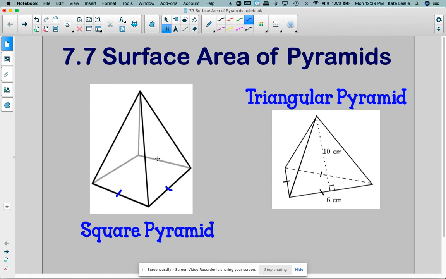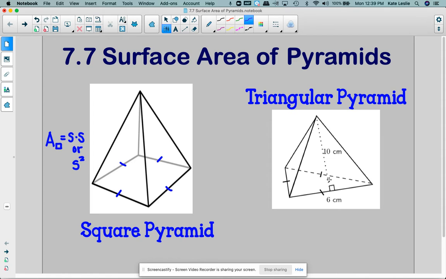A square has 4 sides that are equivalent or equal. So the area formula for a square would be side times side, or you could also refer to this as side squared. These are the same exact thing, as you know, based off of learning about exponents. Another thing I want to remind you of is the triangular pyramid.